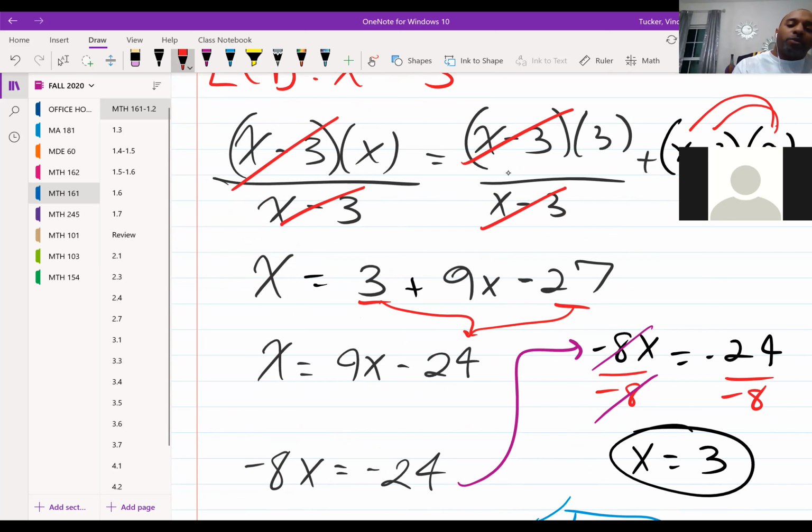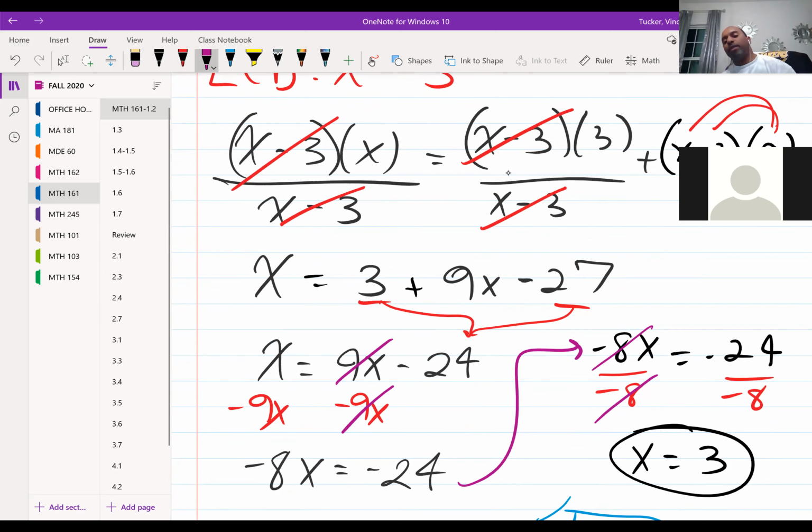Now we need all of our terms with x to one side of the equation. So you minus 9x on both sides. X minus 9x is negative 8x, and that'll be equal to negative 24.